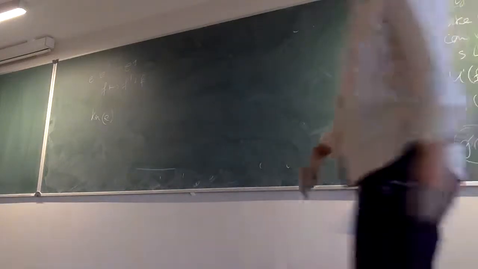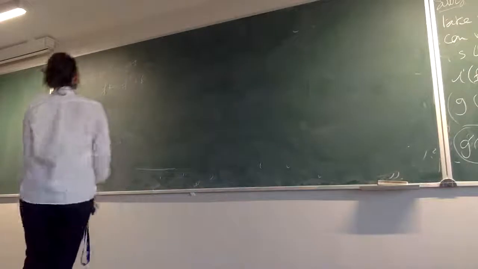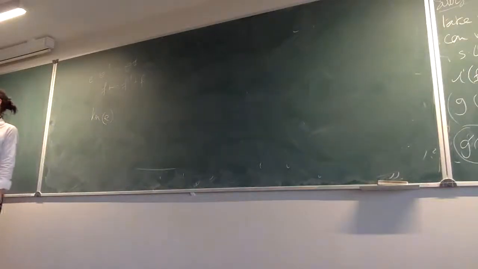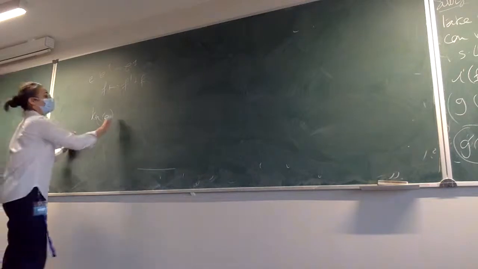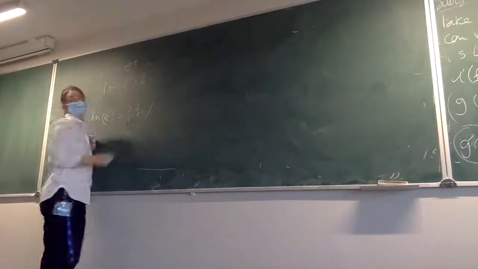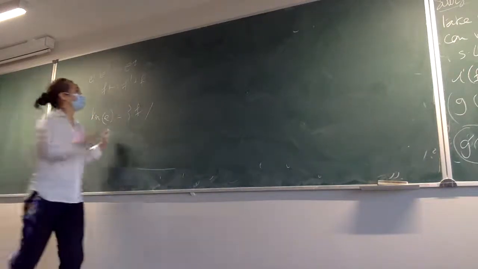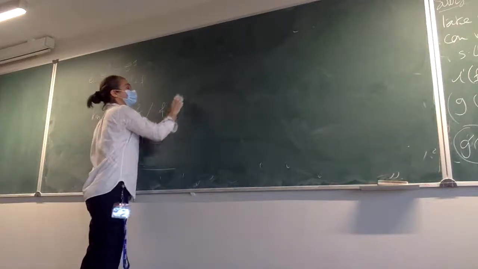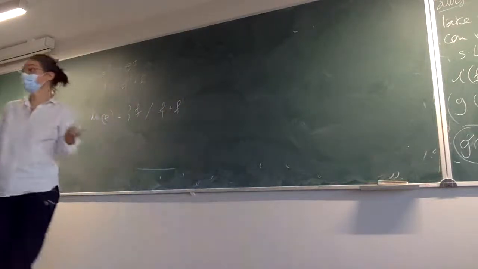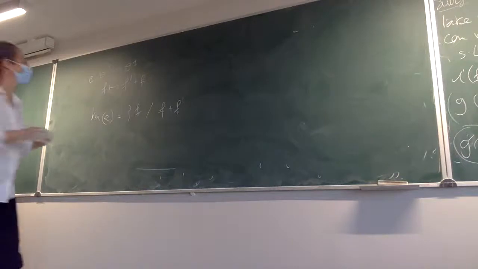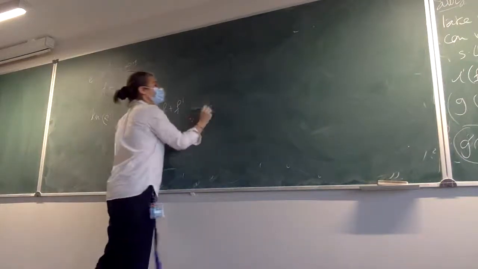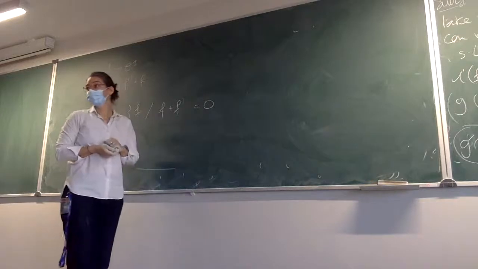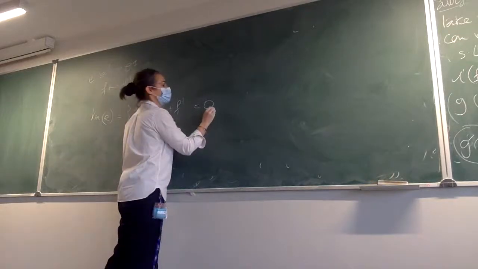What should I solve if I'm looking for the kernel of E? So I'm taking a function and the image of my function. So I'm looking for f such that if I add f and its derivative, which is something I can do because I know that my function is C1, then that is equal to the 0 function, the 0 of C1.